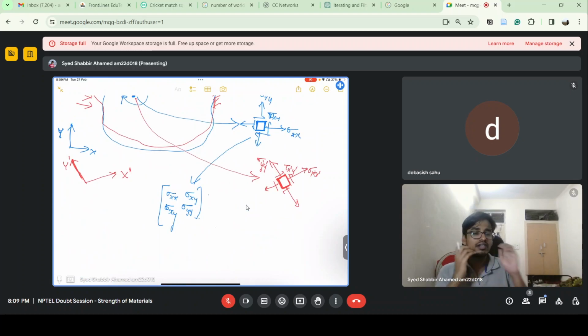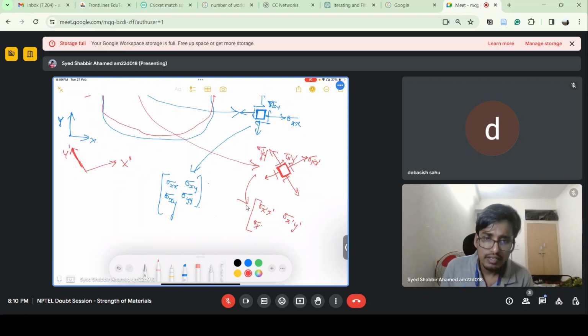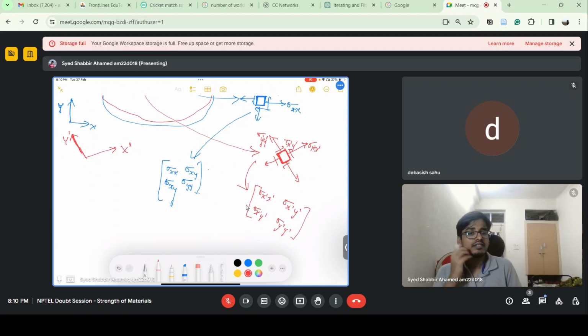So see, we have rotated the coordinate directions. For this rotated coordinate system, the state of strain is this. When we have a state of stress in one perpendicular direction and we rotate it to another direction, the values will change, right?